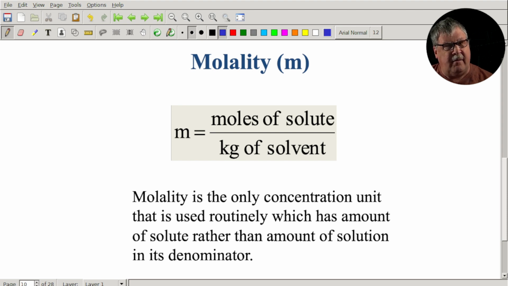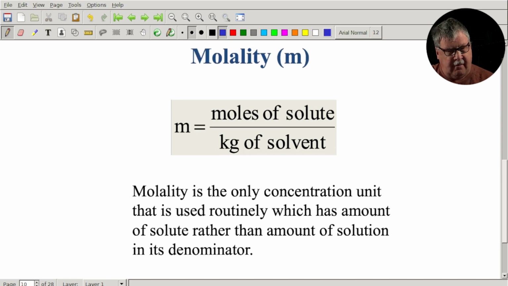Liters or milliliters of solution are much more useful measurements as far as a chemistry lab is concerned. However, because of the colligative properties that we're going to discuss, we have to talk about molality in this chapter. And this is the only time you're going to see it in this course.